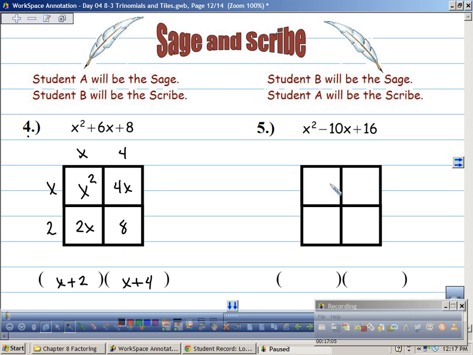Elgin, you want to do number 5? Yeah. X squared, and then on the top, inside, top left corner here. Why don't we stop jumping ahead of ourselves and just fill the box in first? So you get 16. Where's 16 go? You need to multiply.